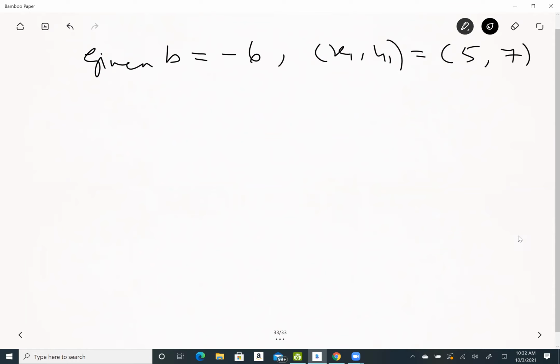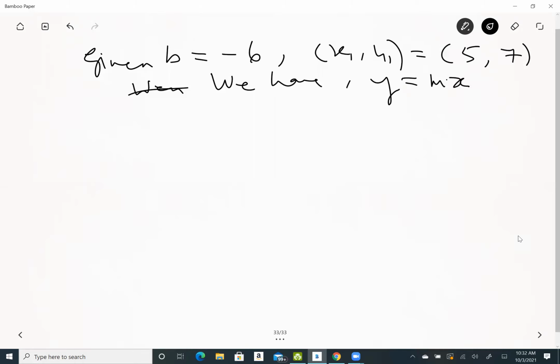Again here, we do it by substitution. In order to do that, you need to find m. So given the b, we have y equal to mx.